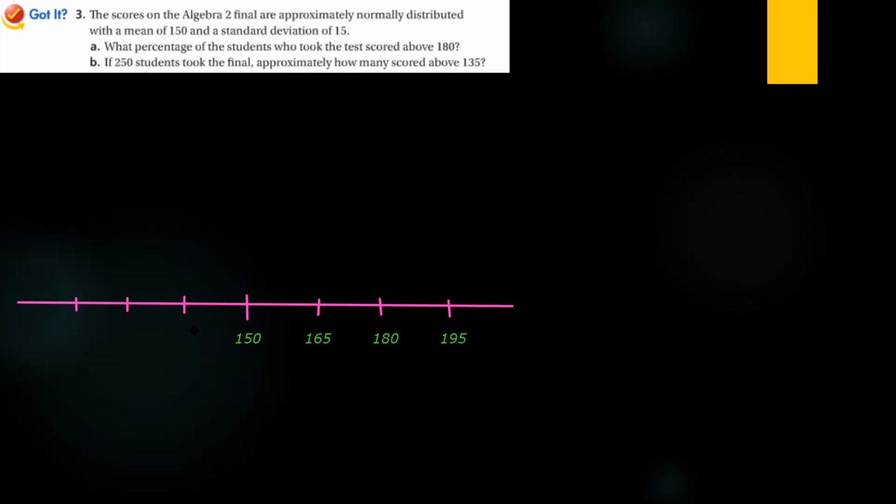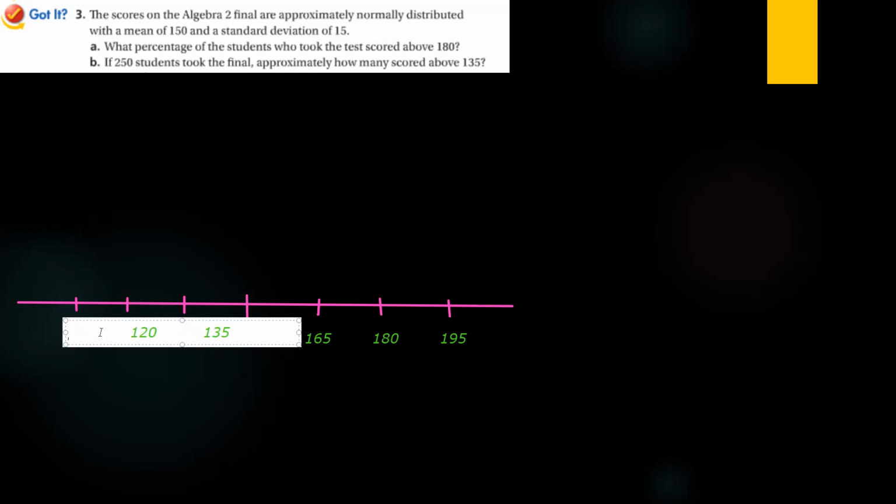Now let's find the numbers less than the mean. We said 150 minus 15, which is 135. 135 minus 15, 120.